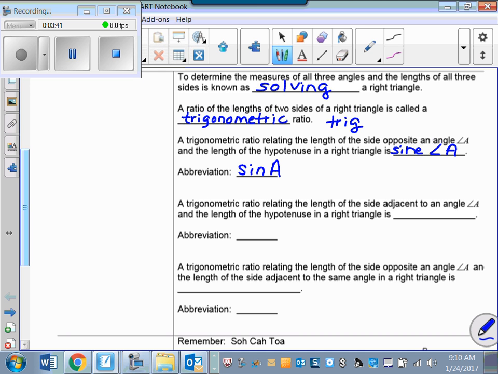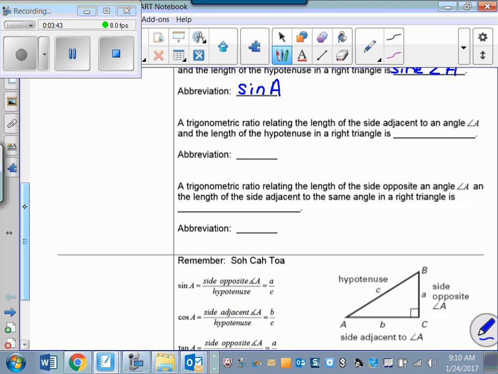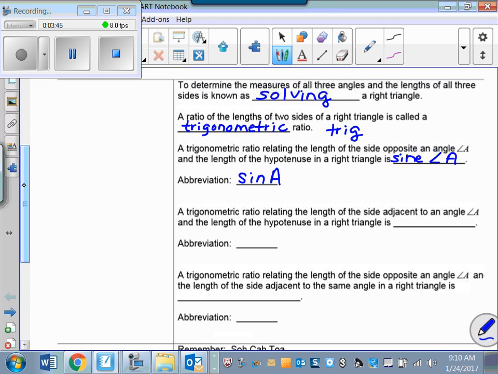All right, so let me see. I think we have a drawing down here that'll make all this clear. So we're just going to fill in these notes first. The ratio that relates the length of the side adjacent to A to the hypotenuse is the cosine of angle A, and we abbreviate that cos A, but we call it cosine.